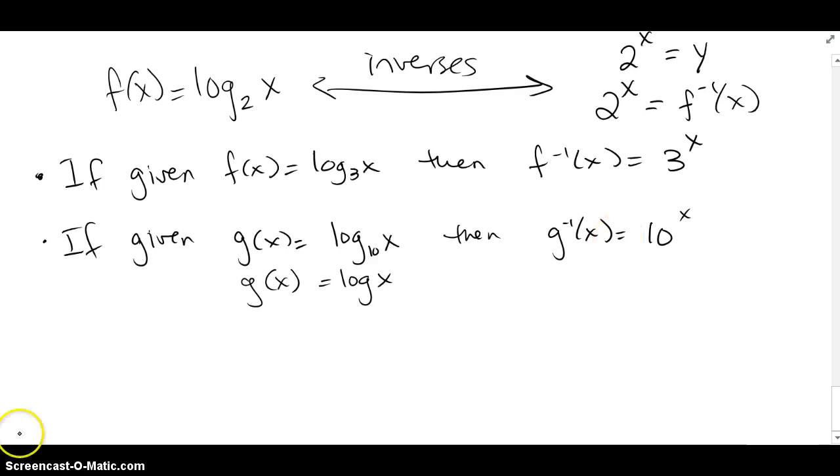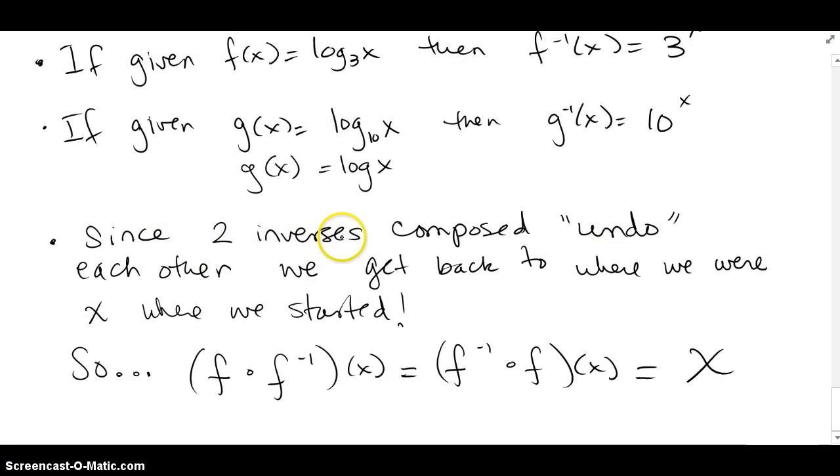Now another piece of info that we want to keep in mind is that since two inverses undo each other, we get back to where we were when we started. For example, if I am at home and I go to work, this will be my function. If I apply the inverse, I'm going to get back to exactly where I started, which was home.